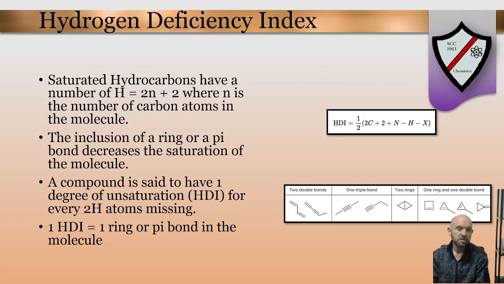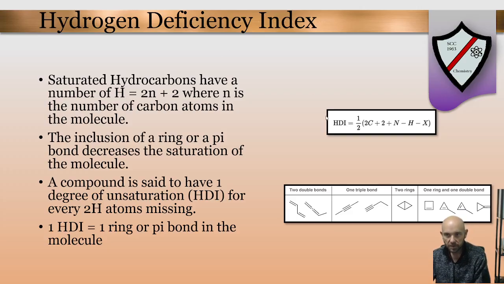So as you are using IR spectra along with your now learned skills for mass spectra analysis, something that is useful for starting to determine the structure of a molecule is calculating the degrees of saturation or the hydrogen deficiency index of a molecule. Once you know the chemical formula of an organic compound, you can calculate the degrees of unsaturation by using the formula that you see here on the slide.